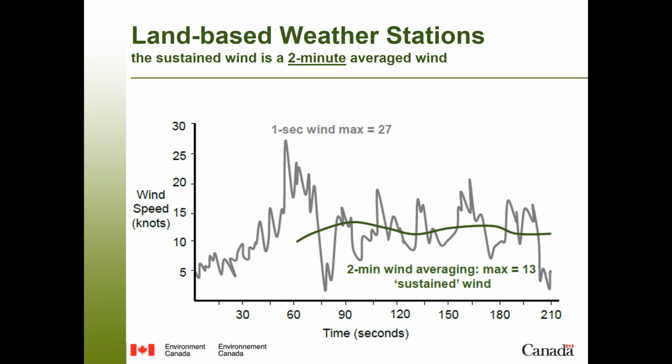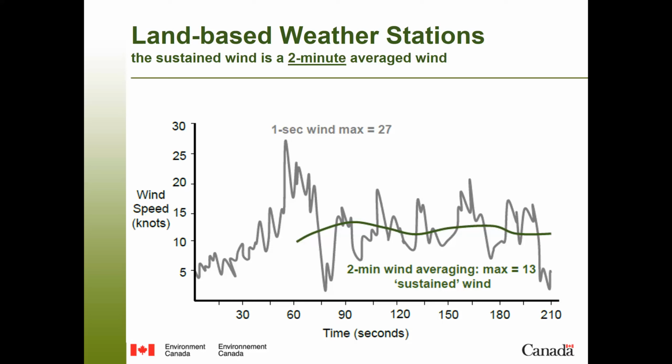So you have time across the horizontal in seconds, and you've got the wind speed observed in knots. And so you can see in the gray line there, the atmosphere is being sampled every single second, and it's quite jumpy. And so that's the 1 second sampling on the land-based station.